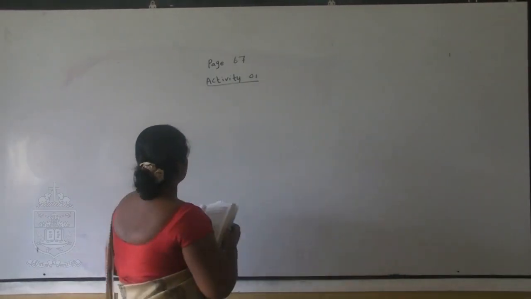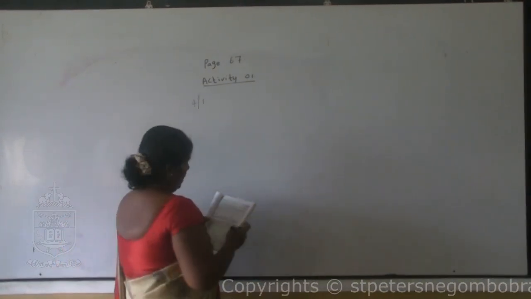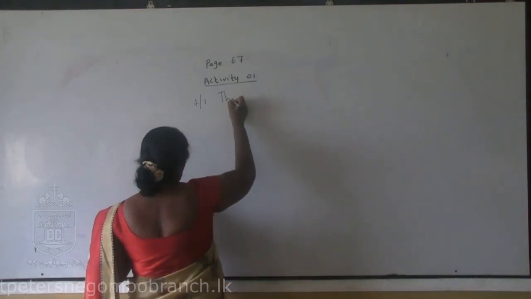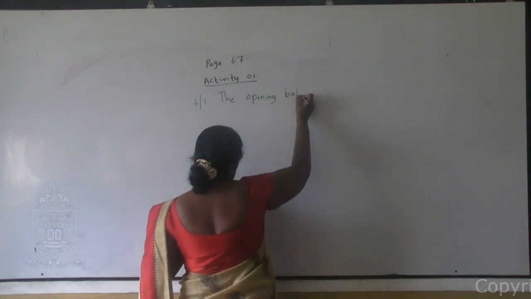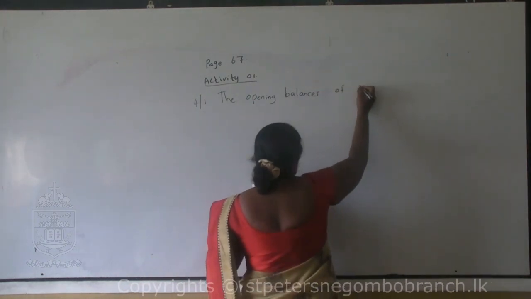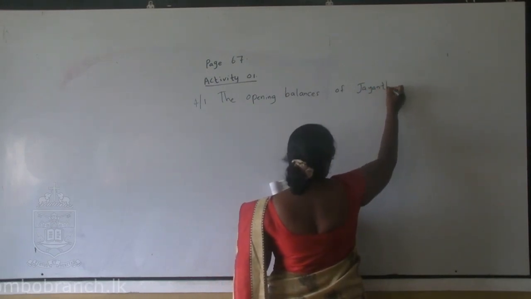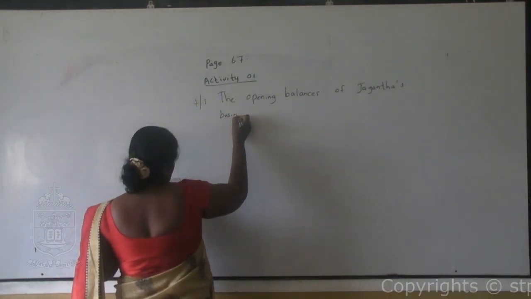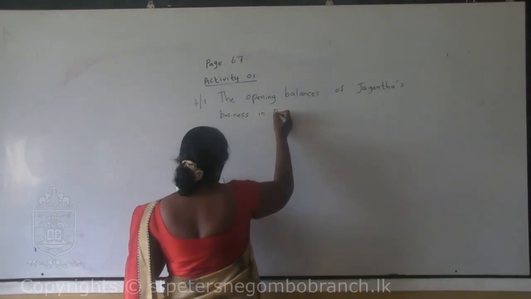First transaction, the date you can write April 1st. Motor vehicles: you can write the opening balances of Jayanta's business in April.